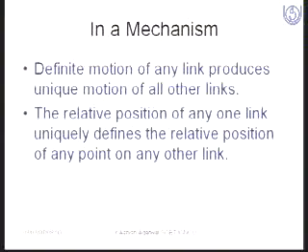Now we see in the slide that in the mechanism there is a definite motion of any link which produces the unique motion of all other links. The relative motion of any link uniquely defines the relative position of any point or any other link. This means that a mechanism should always define the motion of one link with respect to the motion of another link.